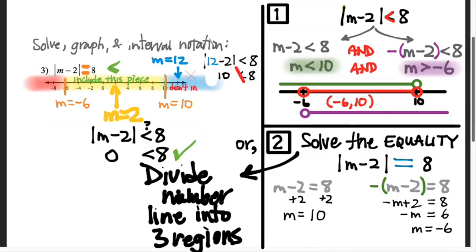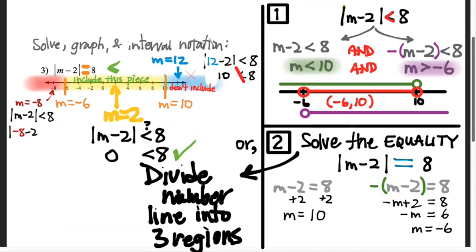Don't include. And as you might expect, especially based on already knowing what the final answer is, if we do that same test for any number on the red interval, let's say m equals -8, then we're also going to get a no answer. Because there, the absolute value of m minus 2 being less than 8 would imply the absolute value of negative 8 minus 2 is less than 8.